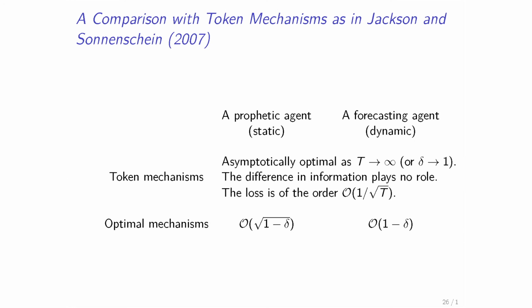But it will lead to a sufficiently large efficiency loss if your agent is a forecaster. It's better to use our budget mechanism in this environment. Let's move to the hardcore model, the Markov case.